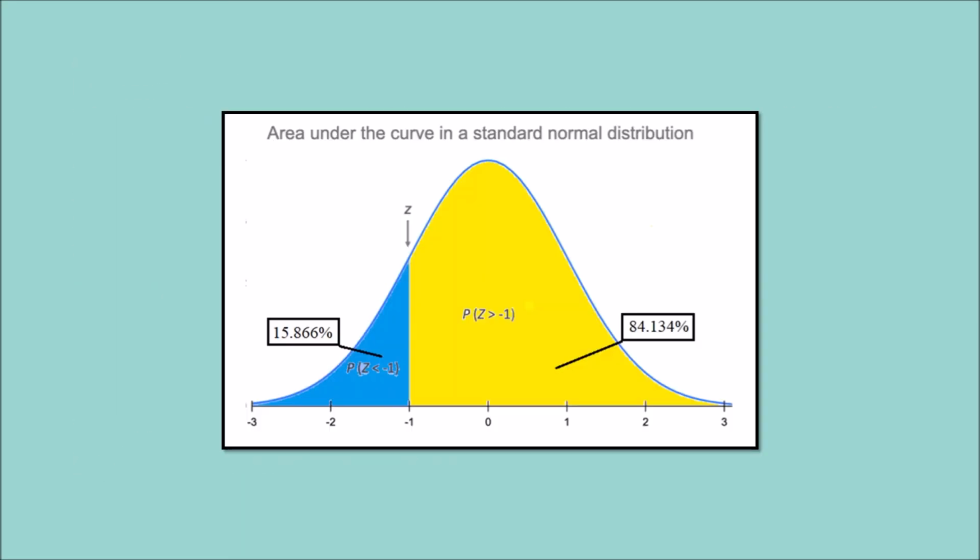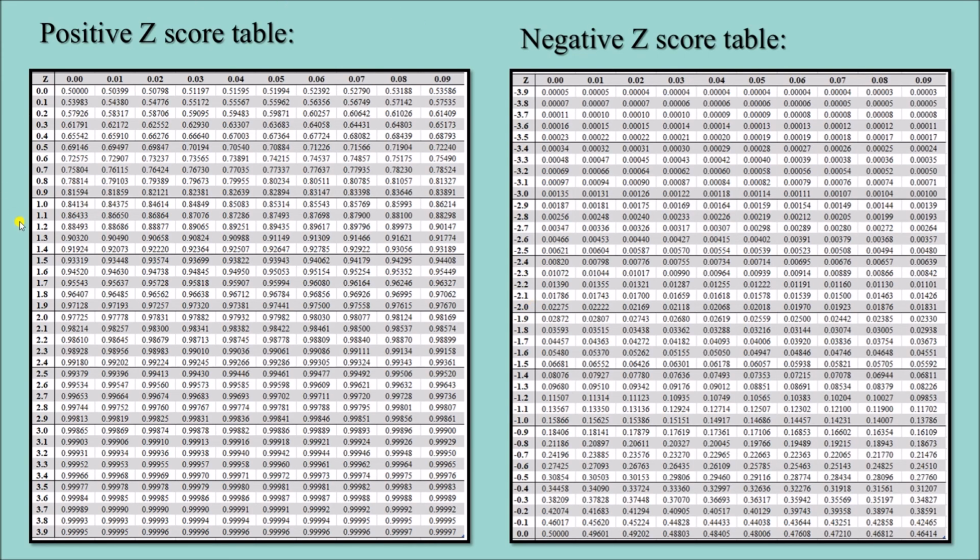Now let us go back to the table here. For Z value of 2, the corresponding value is 0.97725. So that means this proportion of the area is on the left side of the curve.